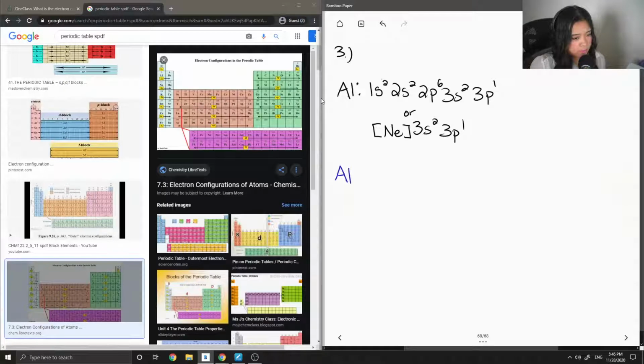Okay, so now the question asks for the electron configuration of aluminum 3+. So when you have 3+, since electrons are negatively charged, this means that 3 electrons were removed.